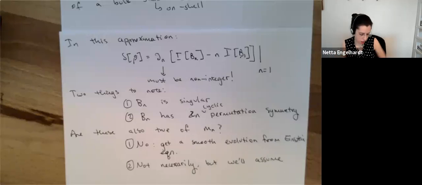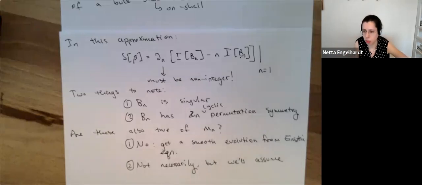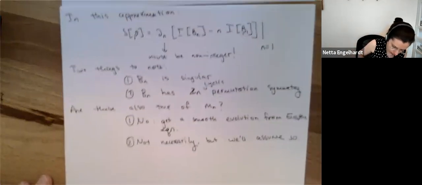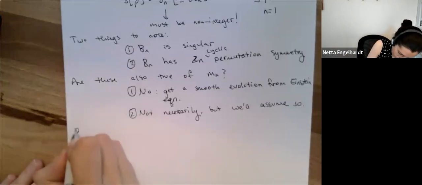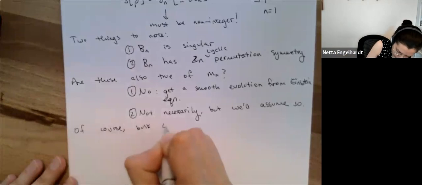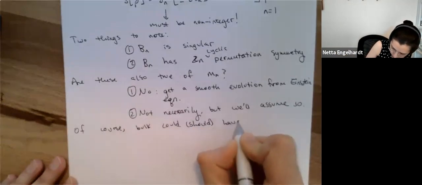Now, even if we assume that we have the symmetry in the bulk, that doesn't mean that we don't have fixed points of the symmetry. Symmetry doesn't have to act smoothly, and so the bulk might have fixed points. Of course, the bulk could and really should have fixed points.